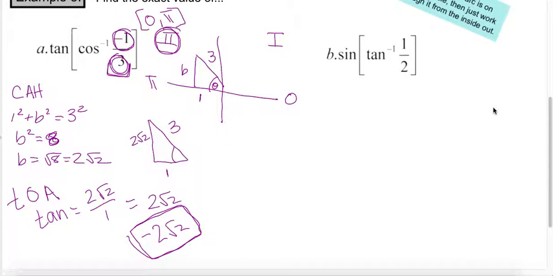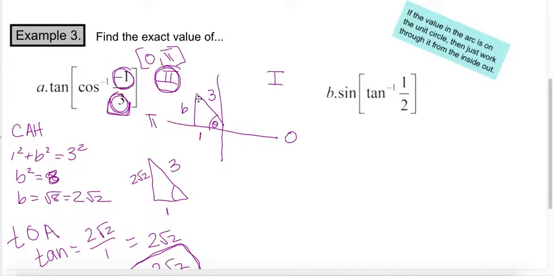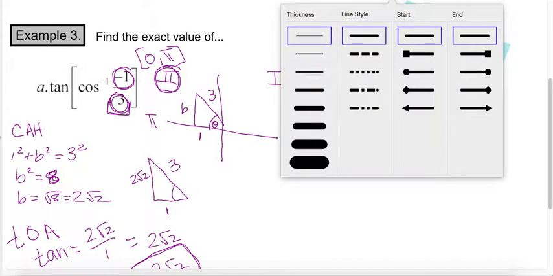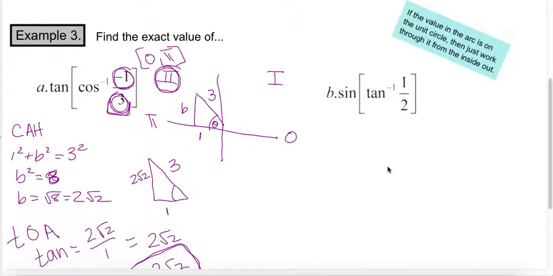Right? So we're going to look over here. I'm going to change the color just to make this different. All right. So our first step is to figure out what quadrant we're working in. So I'm talking about tangent.